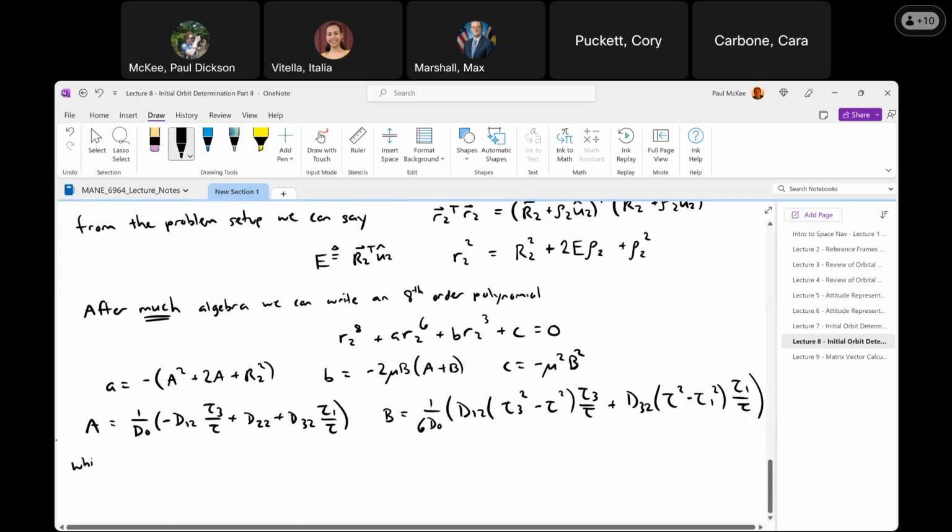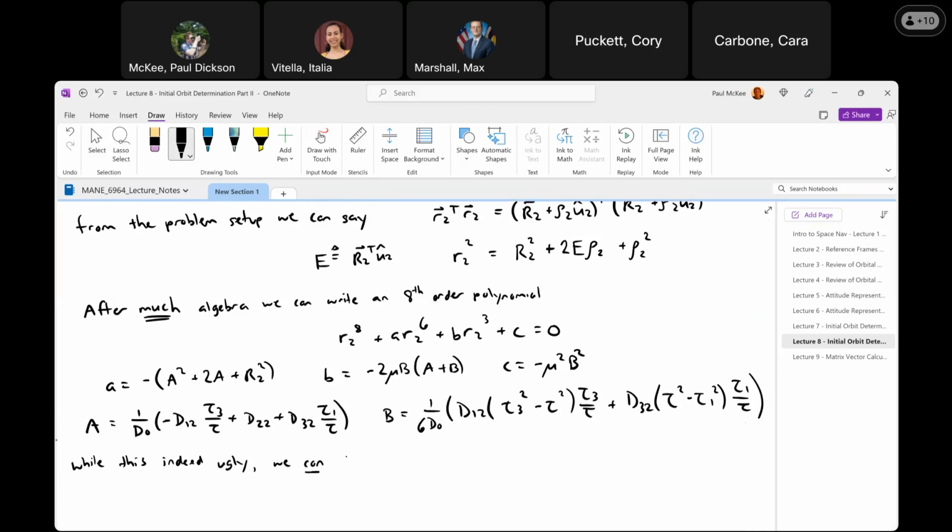While this is indeed ugly, we can find the polynomial coefficients A, B, and C. It's doable. It's painful, but it's doable. Then we can solve for R2.